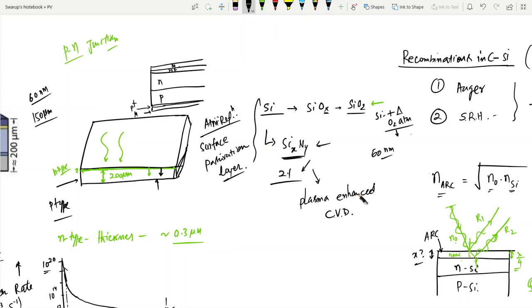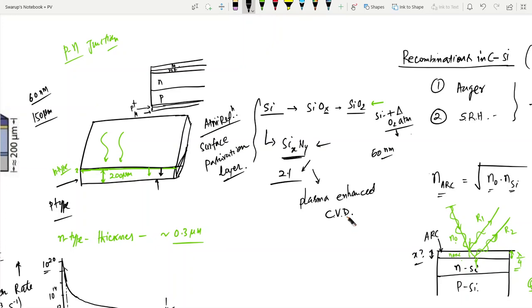This is one of the thin film deposition techniques we use to grow this silicon nitride layer on top of the silicon, which acts as both anti-reflection coating and passivation layer. So it's a little complicated, unlike silicon oxide, which is simply heating in oxygen atmosphere, but here you have to go through plasma enhanced chemical vapor deposition.